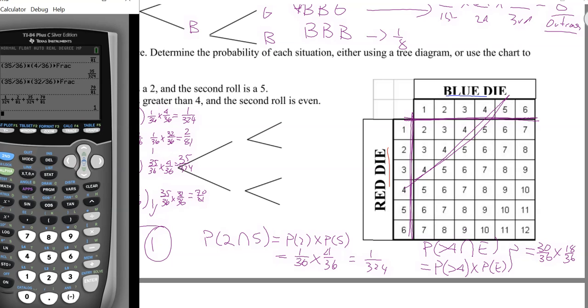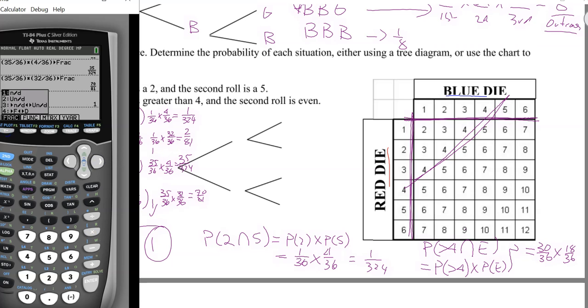So 30 out of 36 times 18 out of 36. And when you enter them this way, you go straight to fraction. It's 5 out of 12.